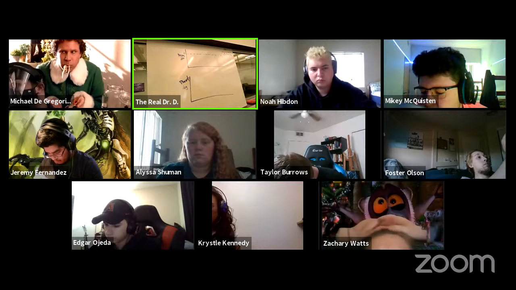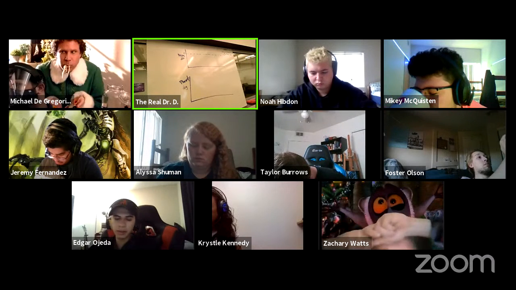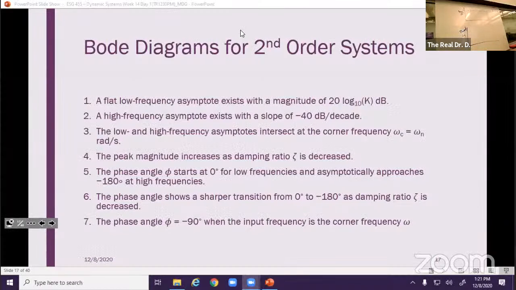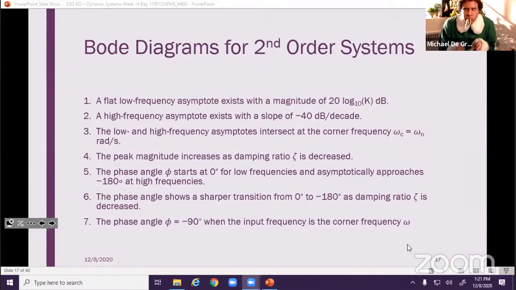What's rule number 2? The high frequency asymptote exists with a slope of minus 40 dB per decade. That one is a little bit different than rule number 2 for first order. Rule number 2 for first order was minus 20 dB per decade. Turns out that every order that you add increases the attenuation by 20 dB per decade.